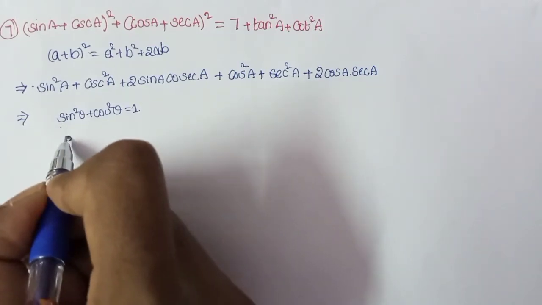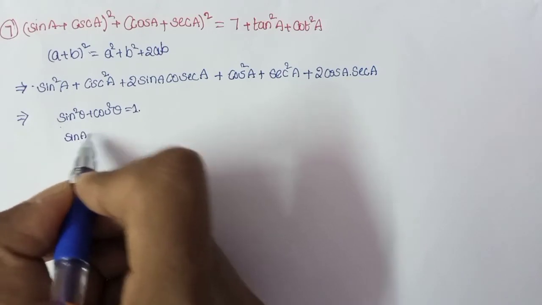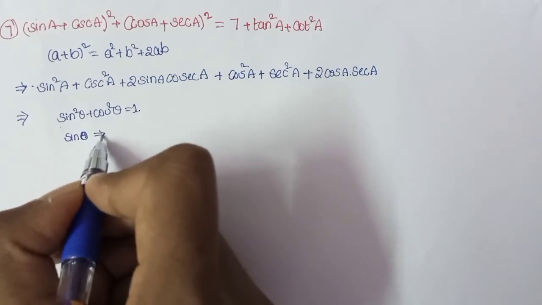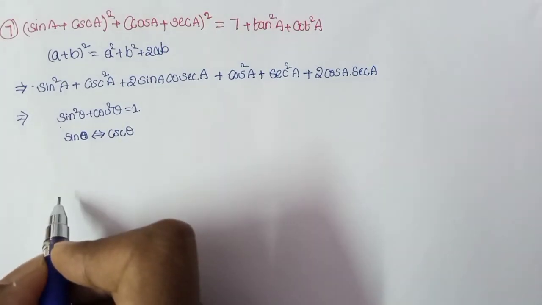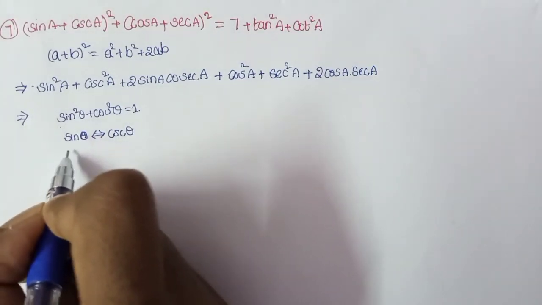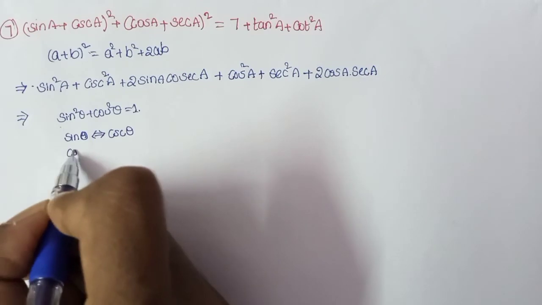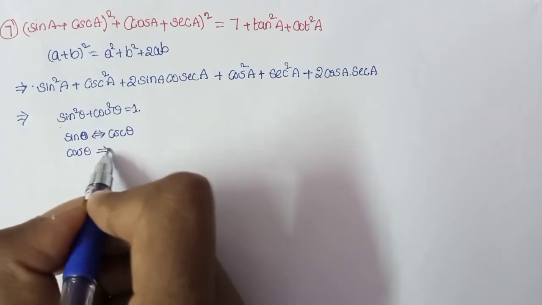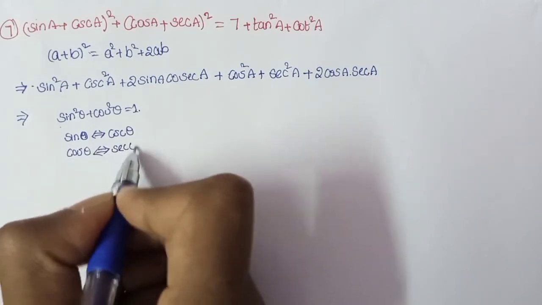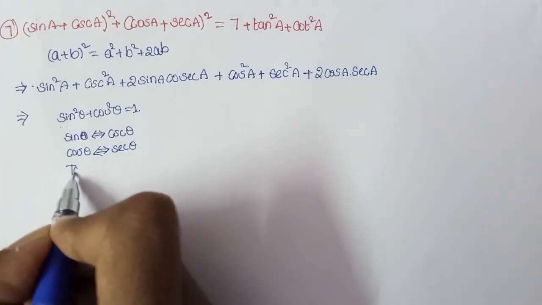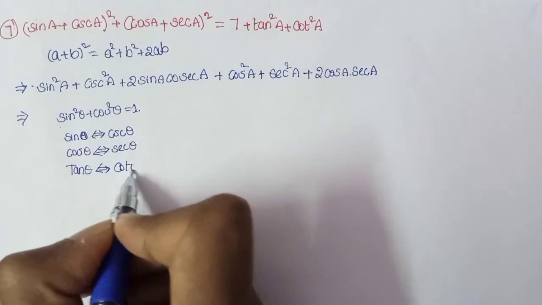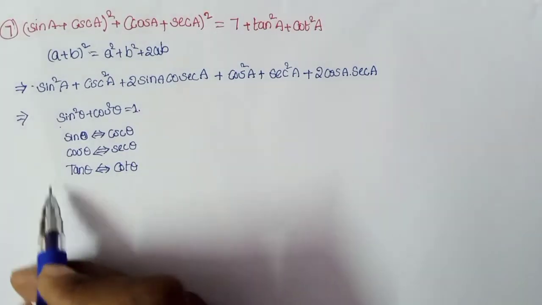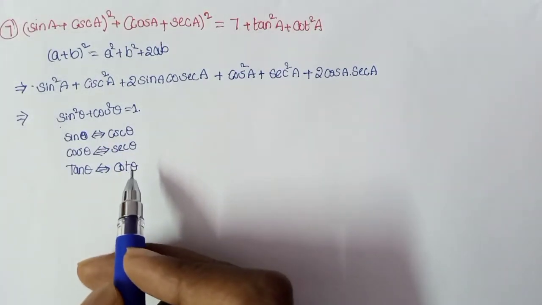Sin theta and cosec theta, these two have a reciprocal relationship, and cos theta and sec theta, these two have a reciprocal relationship. Next, tan theta and cot theta also have a reciprocal relationship. We discussed this in the last classes.